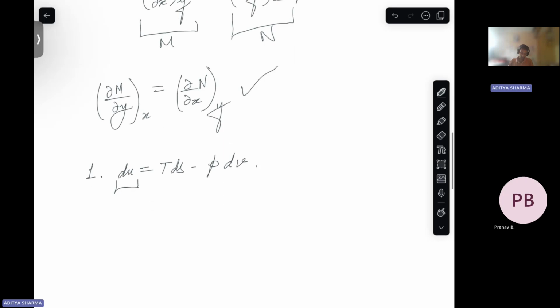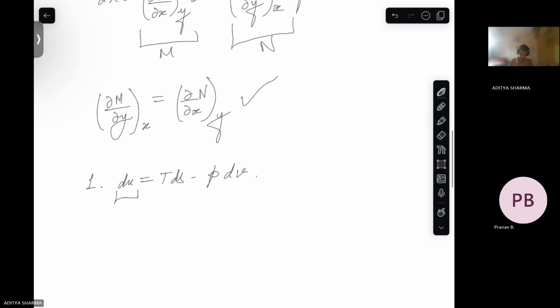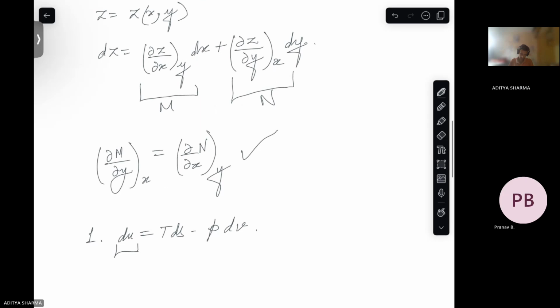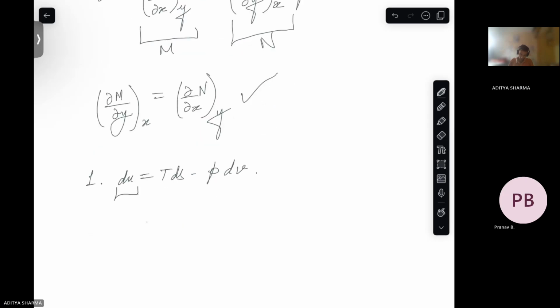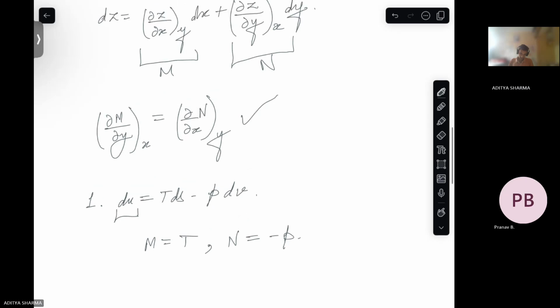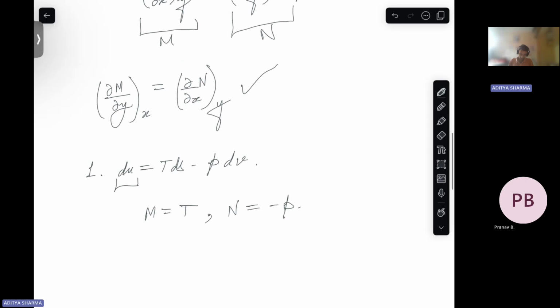So in that case, if we compare it with dou by dou y of M and dou by dou x of N, we see that our M is T, and N is minus P, and x is equivalent to s here and y is equivalent to v here.